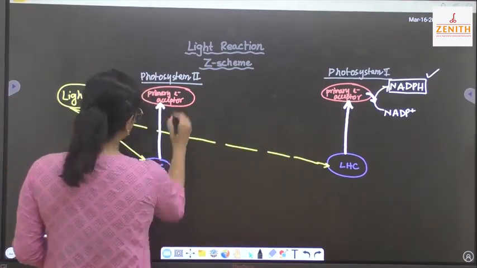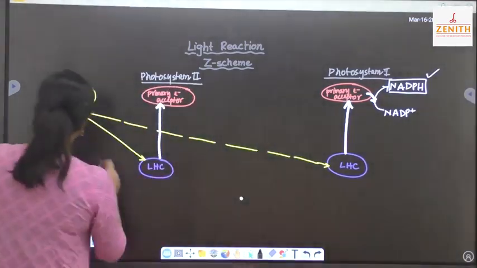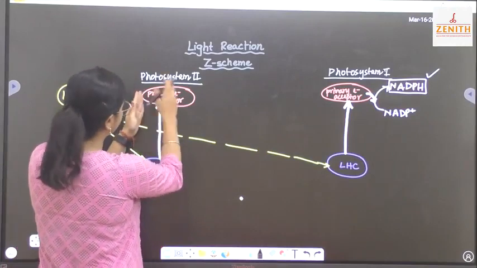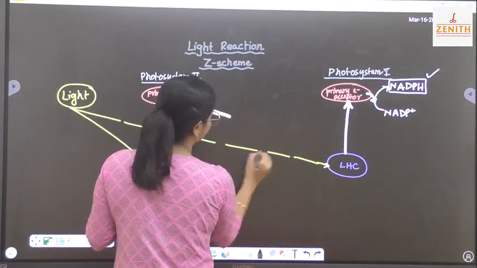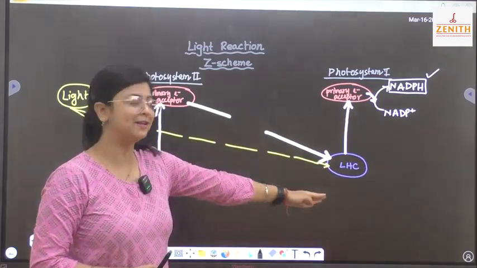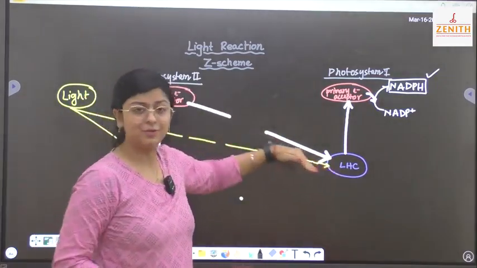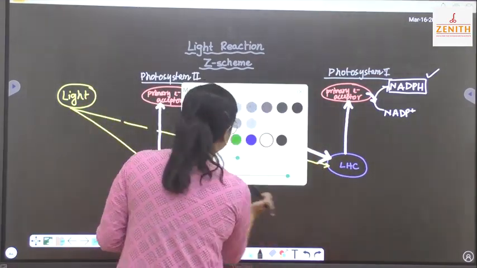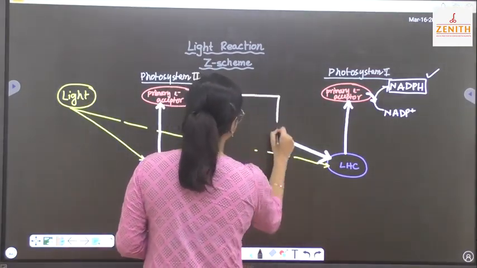How? So we see that when light was absorbed by the LHC of the photosystem 2, it was giving its electron to the primary electron acceptor. Now this electron will be entering to the LHC to fulfill the deficiency of that electron. Okay, so when it is entering, how is it basically perceived? By the help of a system which is known as electron transport system.